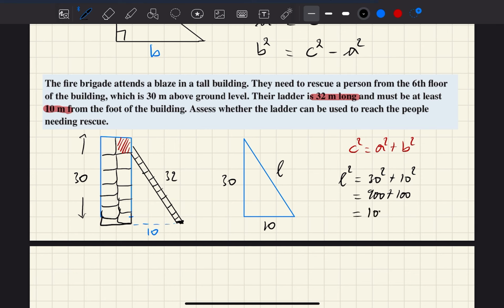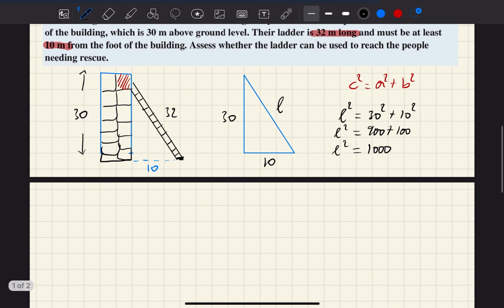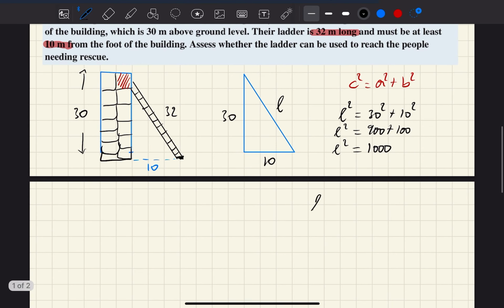L squared equals 1,000. But if you are looking for L itself, L will just be the square root of 1,000. I'm going to use my phone as a calculator.